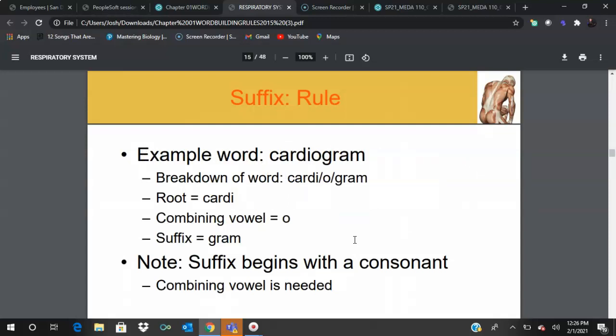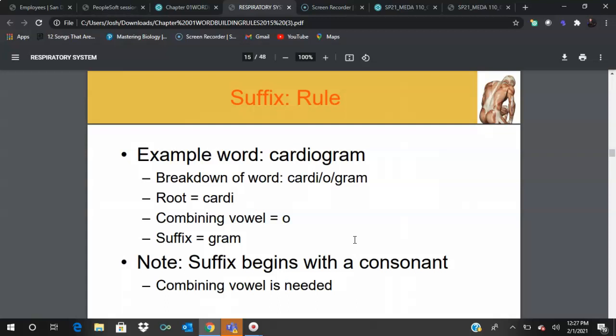Okay, so here's an example where we're adding a suffix to a word root. Once again, we're using cardi. That's our word root, which means heart. Now, the suffix that we're going to add is gram. Gram is sort of a recording of the heart, or some sort of a record of the heart.